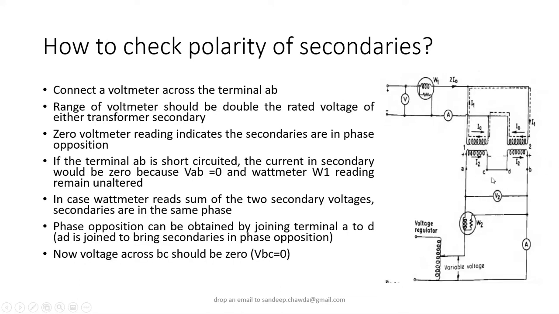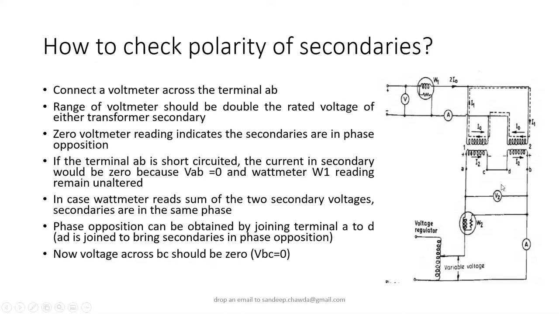If this is not properly connected, then the voltmeter is not going to read zero, it is going to read some higher value. That's why the range is kept double that of any transformer secondary, because both are identical, that's why we are calling it any.